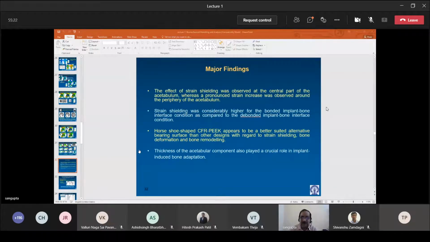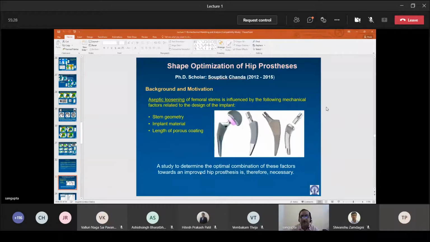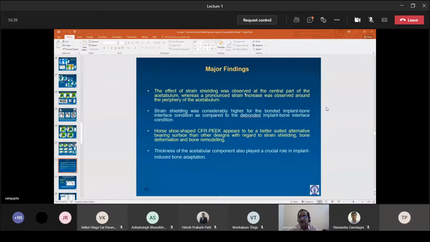It's very interesting: just a few slides on shape optimization of the prosthesis by another PhD student who is now a faculty at IIT Guwahati. This is also very interesting, highly mathematical and computer intensive.